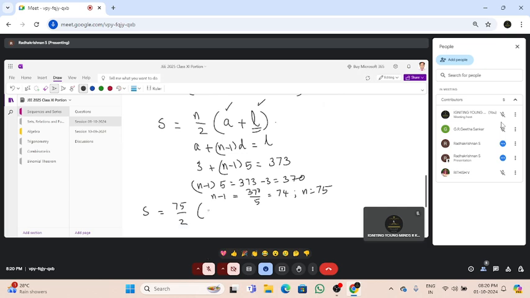A plus L. A is 3. So calculate this. It's going to be a big number.